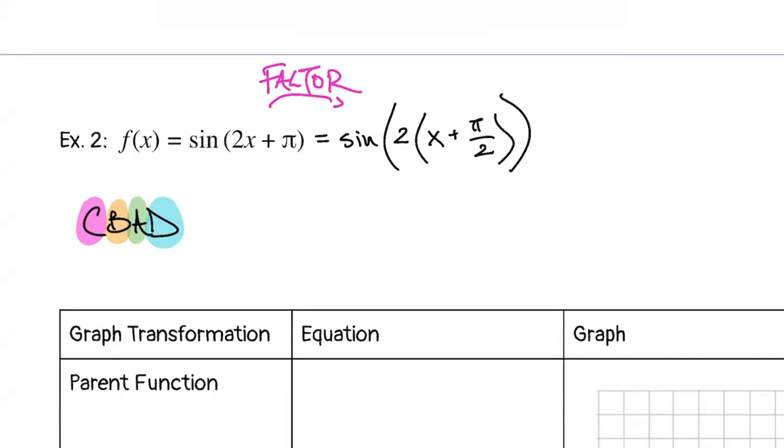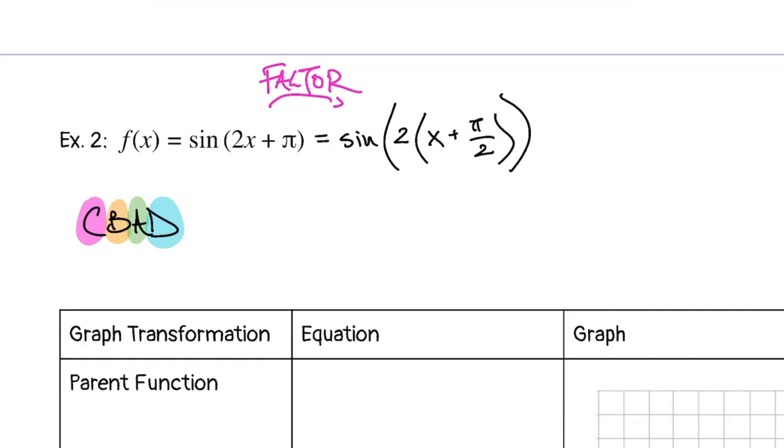Anybody find it yet? Like where C, B, A, D fall in the equation?